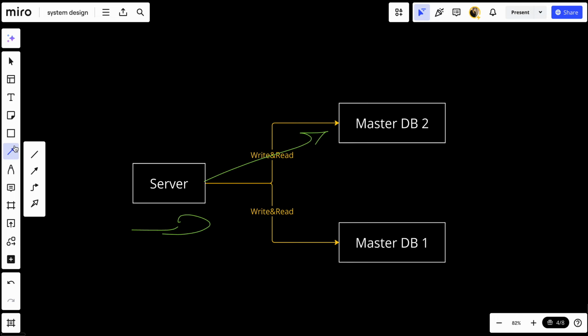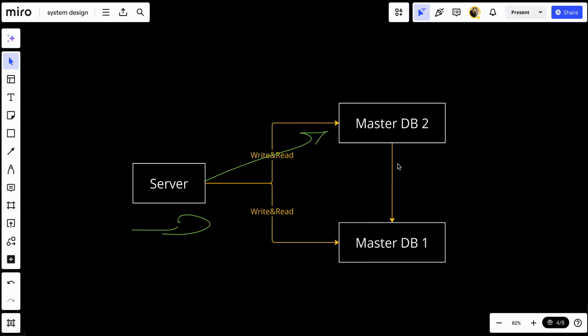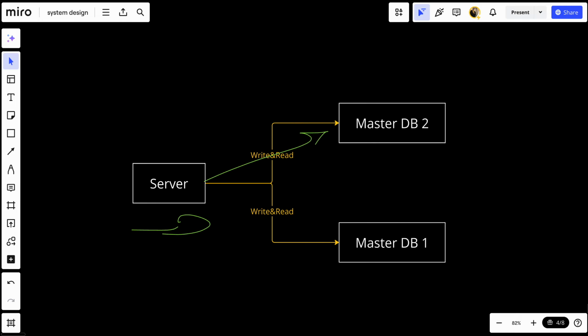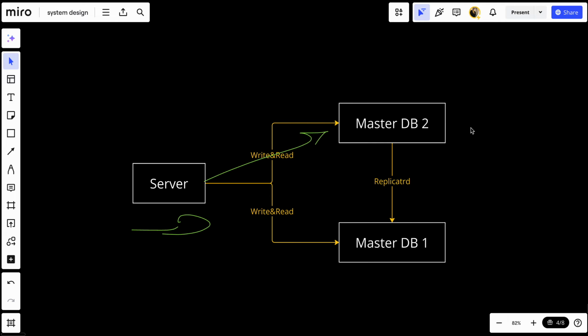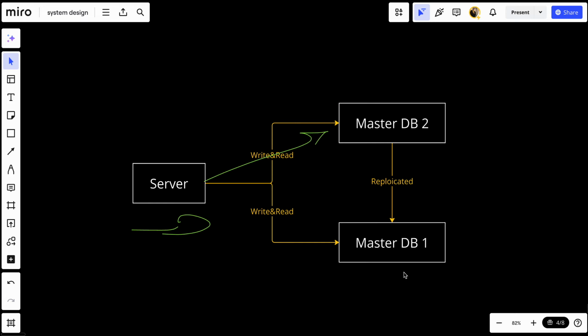The replication goes both ways, so the data should be replicated to the other master.